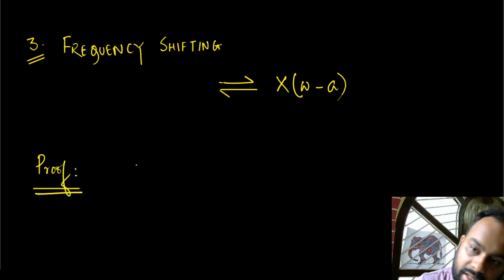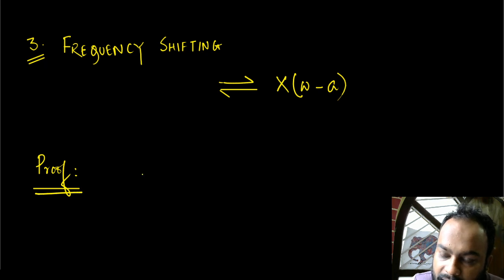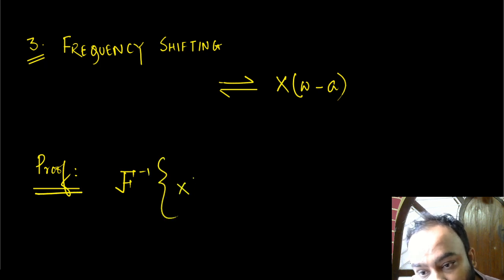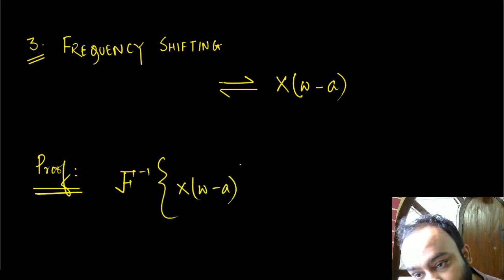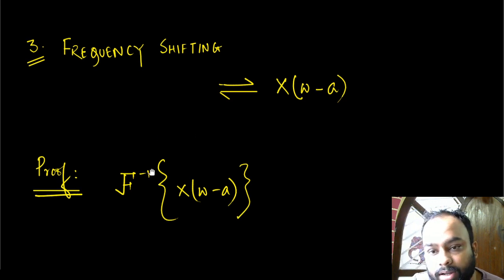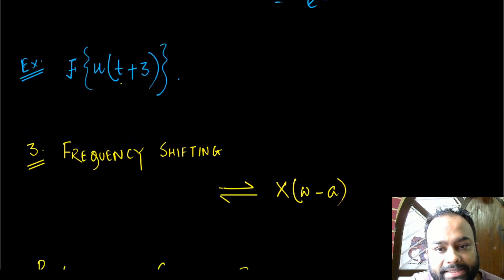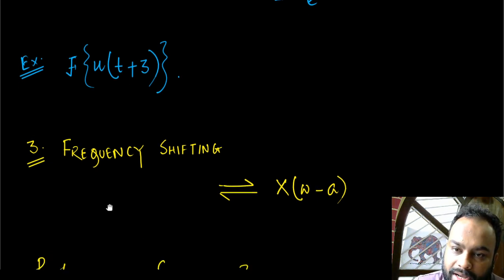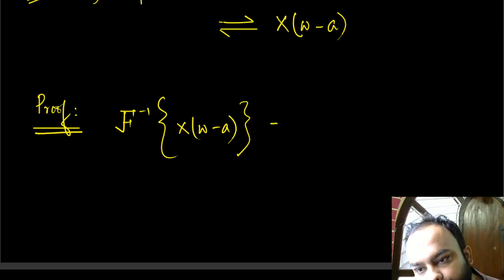The proof is something like this. We are trying to calculate the inverse Fourier transform of X(omega minus a). And those who need another example, try solving this by yourself. That would clear up the idea, I think.